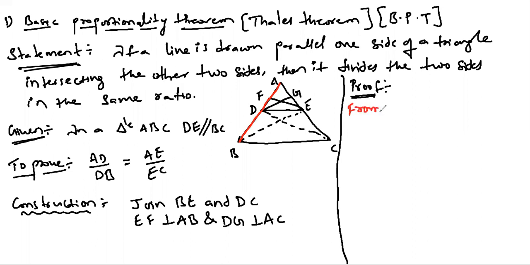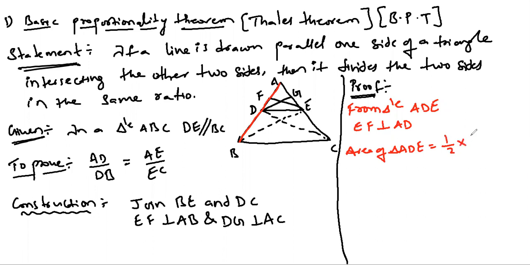From triangle ADE, what are you getting here? EF perpendicular to AD. If a base is there and anything is drawn perpendicular to it, you call that the height. Now, area of triangle ADE is equal to, what is the formula?